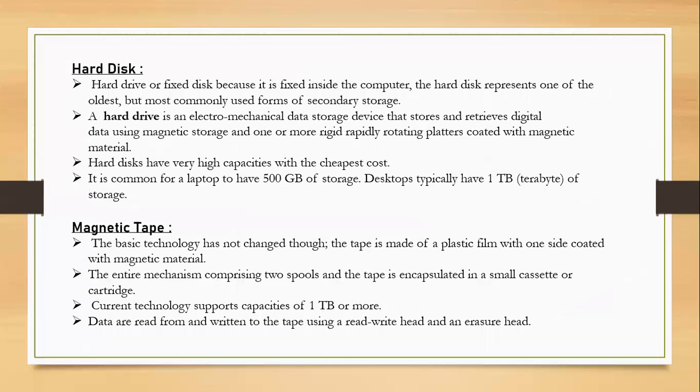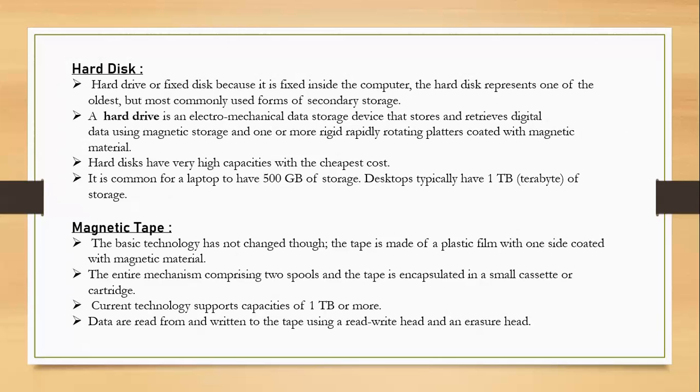Hard disk, hard drive, or fixed disk because it's fixed inside the computer. The hard disk represents one of the oldest, most commonly used forms of secondary storage. A hard drive is an electromechanical data storage device that stores and retrieves digital data using magnetic storage and one or more rigid rapidly rotating platters coated with magnetic material.